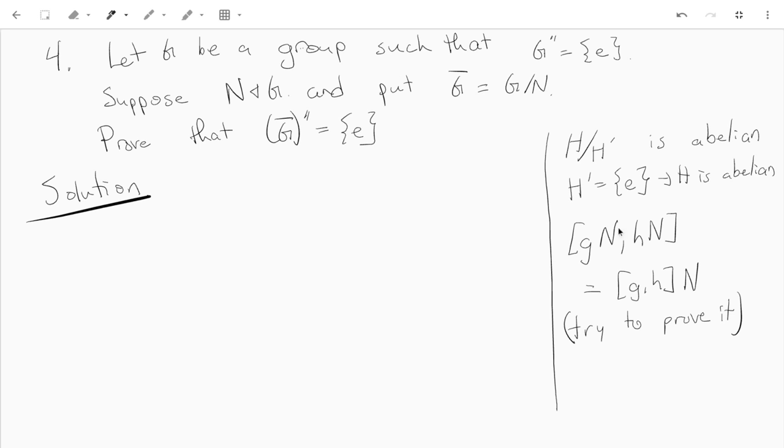Okay, so let's try and use our tools. We know that the commutator of the commutator is trivial. Well, that tells us by this line over here that the commutator is abelian. G prime is abelian since its commutator is trivial.